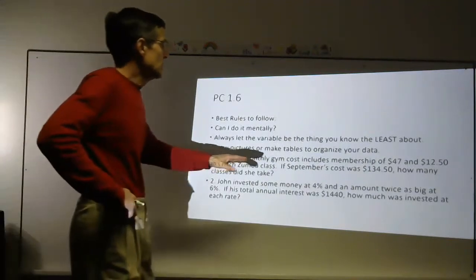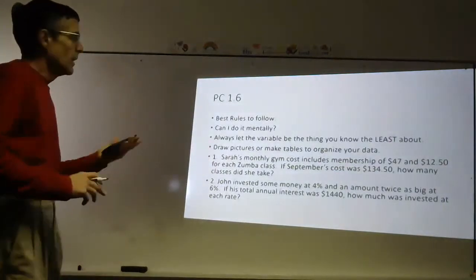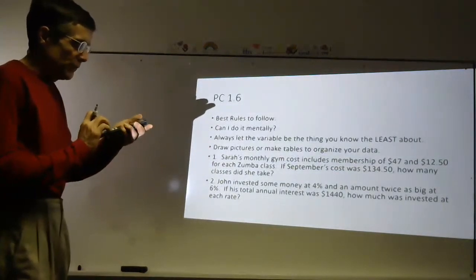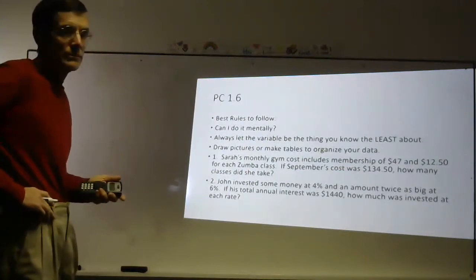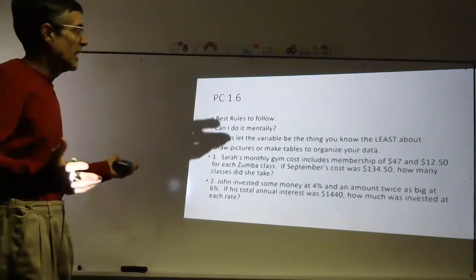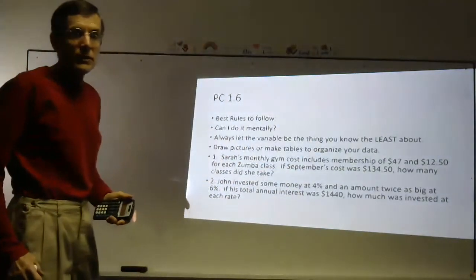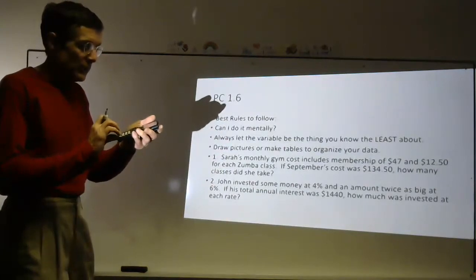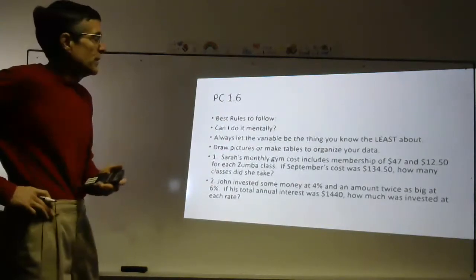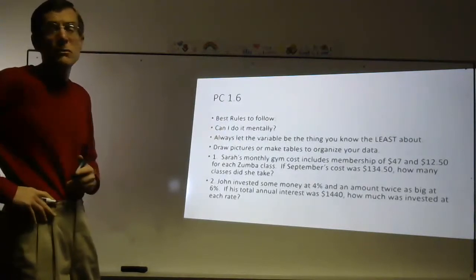You say, well, I know she has to pay the monthly membership of $47, so I could take the $134.50 and subtract $47. Then what is left is everything I had to pay for the classes. So I've got $87.50 left divided by $12.50, and I find out she took 7 classes. Okay, a perfect problem for doing mentally.